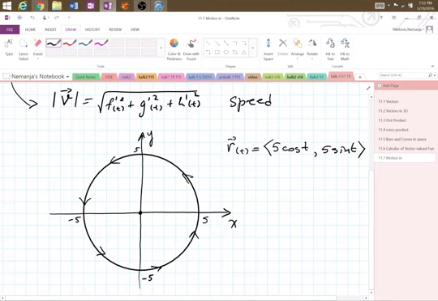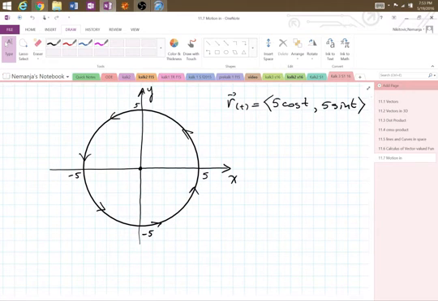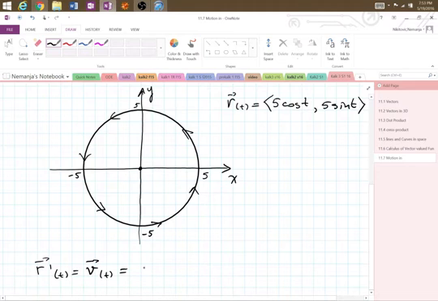All right, so now we're going to find the derivative. We're going to find the velocity. So r prime of t is the velocity vector of t, and that is going to be negative 5 sine t, 5 cosine t.